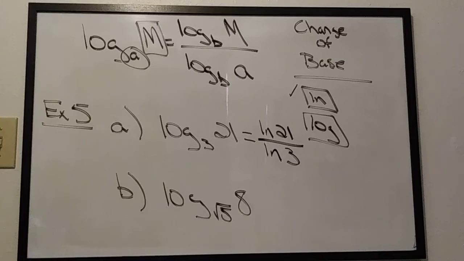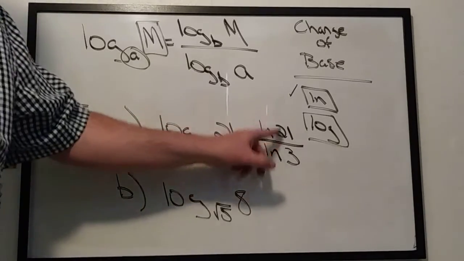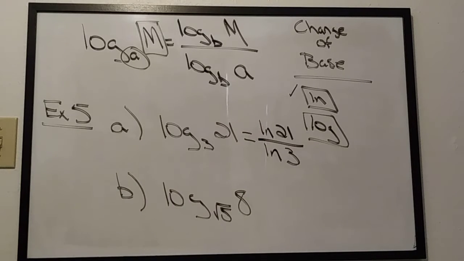The cool thing is that I've taken a problem that I couldn't do on my calculator, and I've now broken it down into two smaller problems that I can do on my calculator. So I can find the decimal approximation for the natural log of 21, then the decimal approximation for the natural log of 3, and I can divide those two.